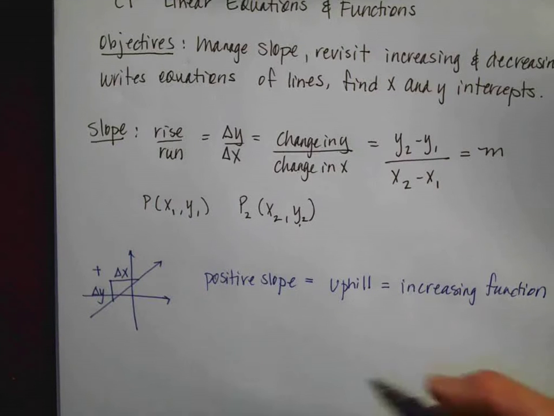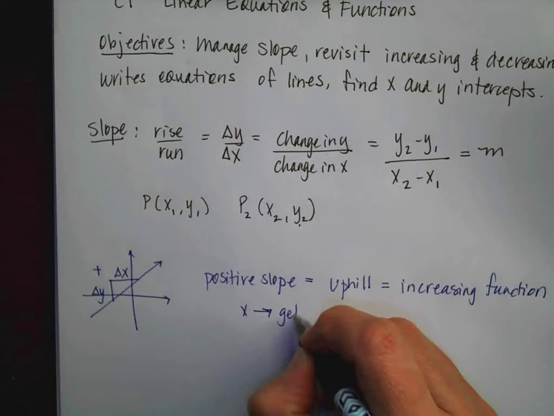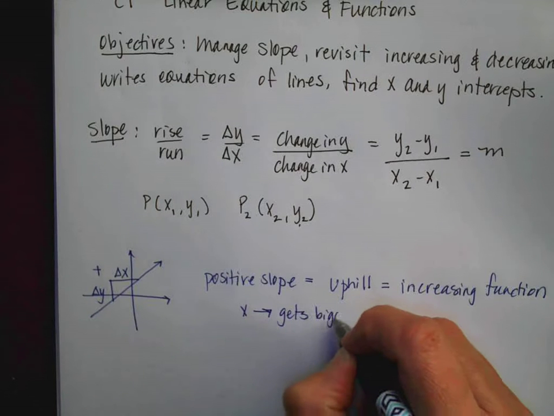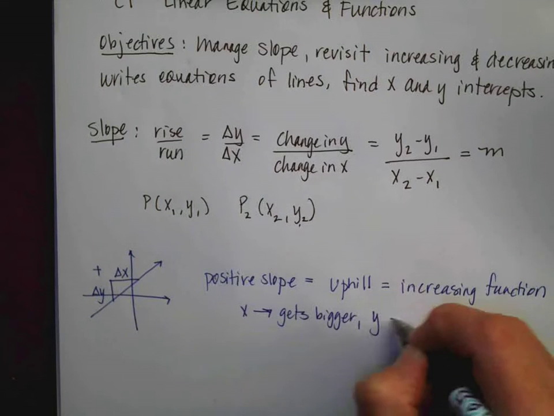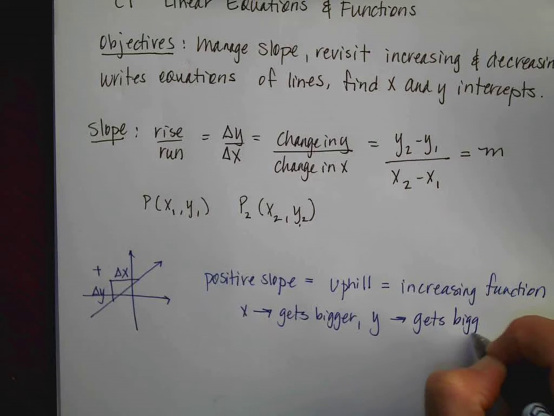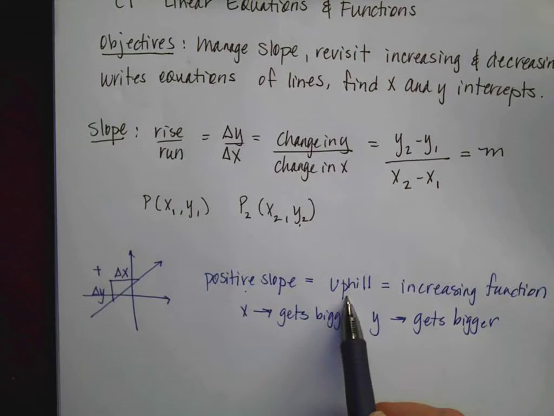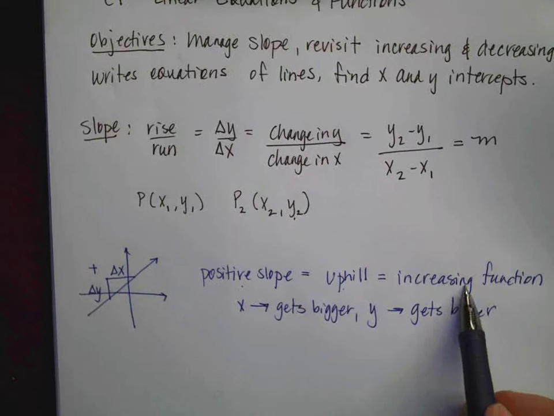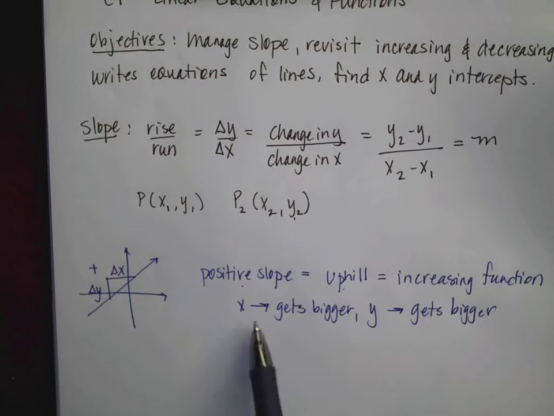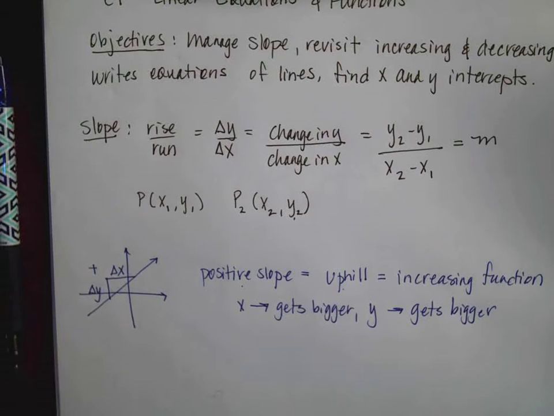And remember that increasing means as x gets bigger, then the y's also get bigger. Okay, so positive slope is uphill, and it means that it is an increasing function. And an increasing function meant that as the x values got bigger, the y values also got bigger.